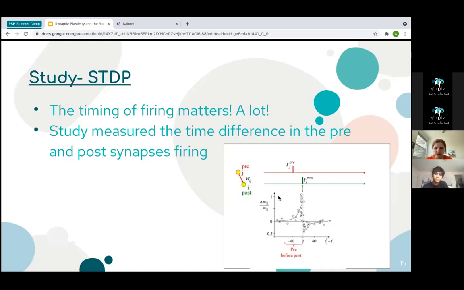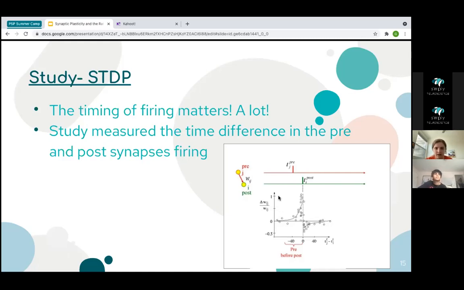You can see all that information in the image. All those little dots to the left of the middle line are below 0 milliseconds, so that's going to be LTD, long-term depression, and the weakening of the synapses.